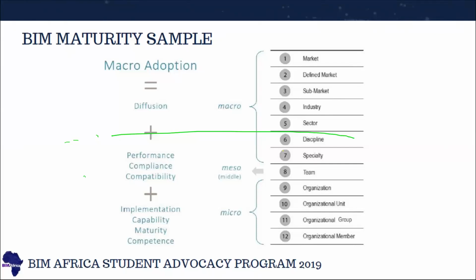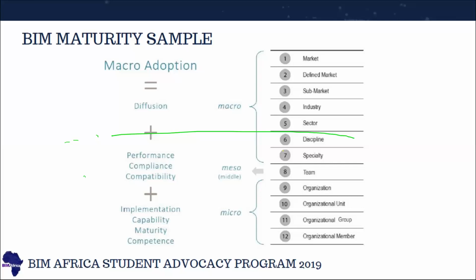There are lots of criteria, and it's actually already been done in Europe, in America, in selected countries. They show how the market is going, like which country is doing well. It's not competition, but the whole idea is to show how different countries are doing.